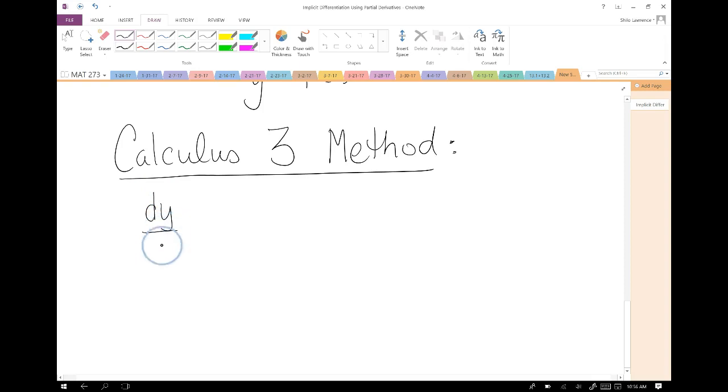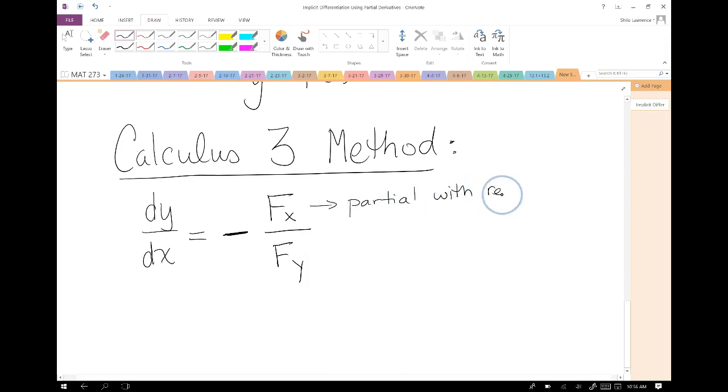But just for example, to base it on the one we just looked at, to do the derivative of y with respect to x, we're going to negate and flip that and use partials. So I'm going to say this is negative f sub x over f sub y. So f sub x means the partial with respect to x. And remember, f sub y means the partial with respect to y.